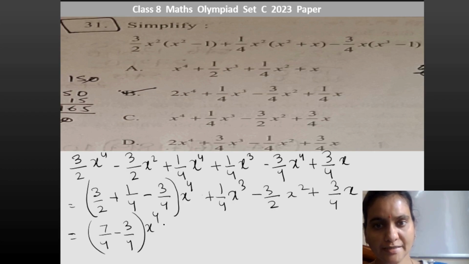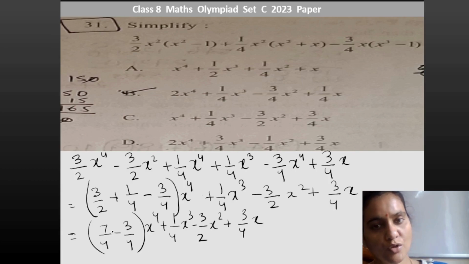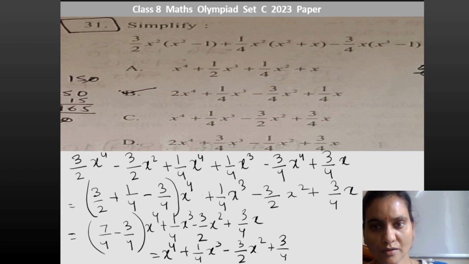We'll do it in the next step, plus 1 by 4 x cube minus 3 by 2 x square plus 3 by 4 x. So 7 minus 3 will become 4. So 4 by 4, the 4 and 4 from the numerator and denominator will get cancelled. What remains is only 1 as the numerical coefficient of x to the power 4. Then we have 1 by 4 x cubed minus 3 by 2 x squared plus 3 by 4 x.